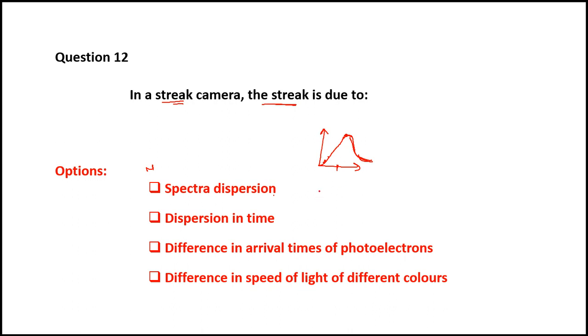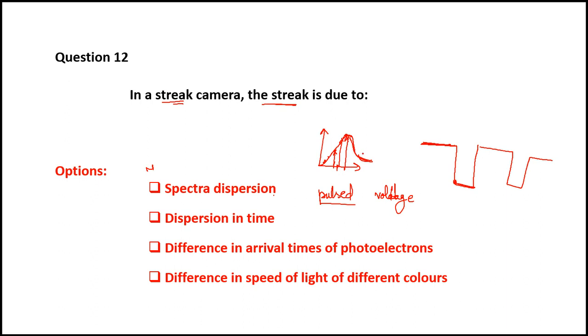That happens because you apply a square pulsed voltage. At this point of time you do not apply, there is a delay, but at this point suddenly you apply a voltage, run it for some particular range of time, and then turn it to zero again. Initially there will be a smaller number, then it will increase and reach a maximum.